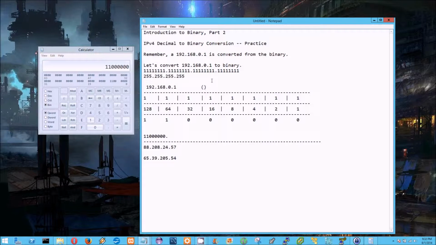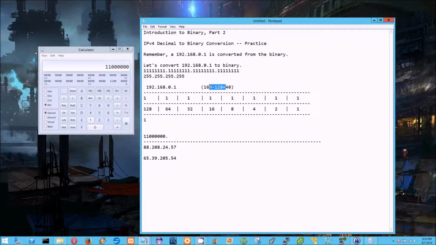Let's do 168. So 168 is going to be the number. Is 168 greater than or equal to 128? Yes, it is. So we set the bit, and we subtract 128, oops, minus 128. And what does that equal? You get 40.